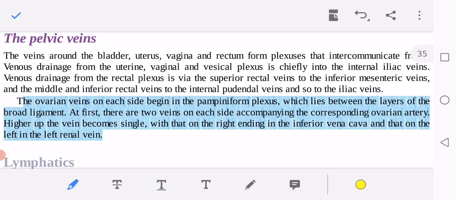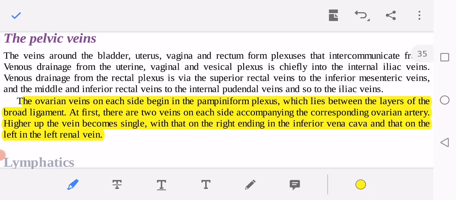Okay, do this one well: the ovarian veins on each side begin in the pampiniform plexus, which lies between the layers of the broad ligament, and at first there are two veins on each side accompanying the corresponding ovarian artery.